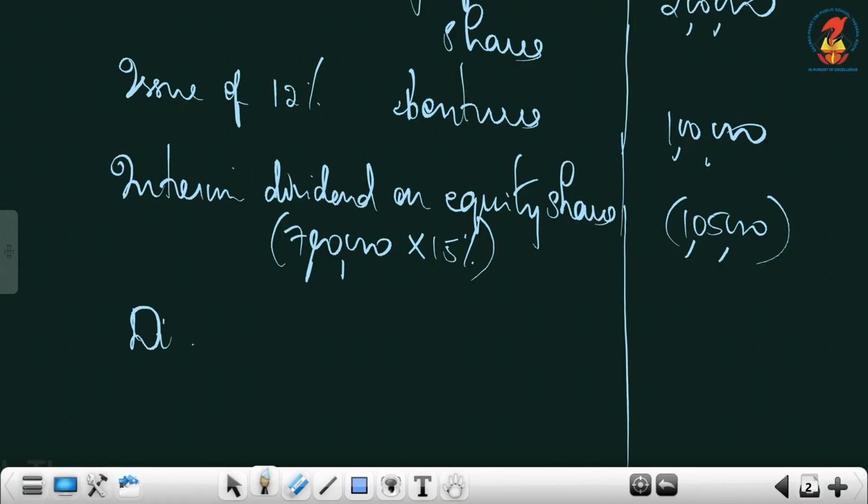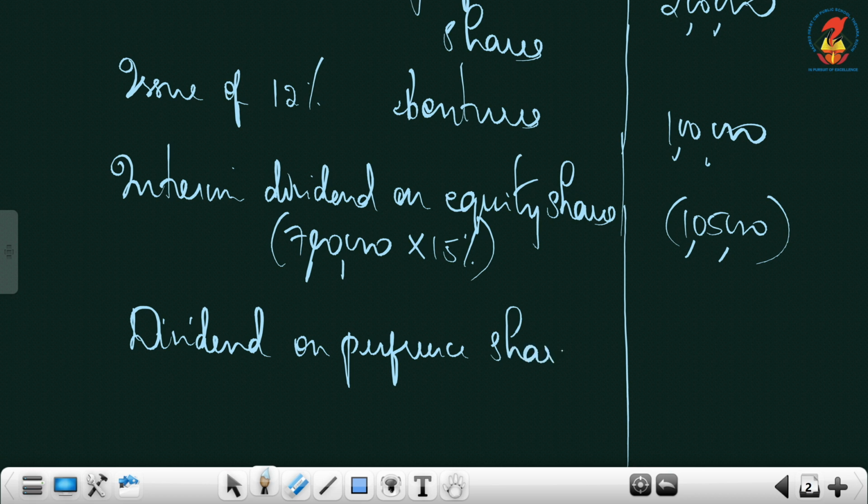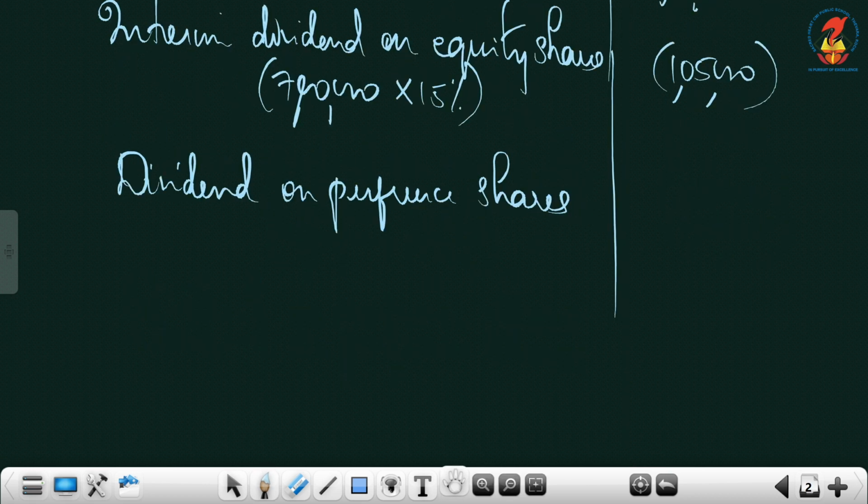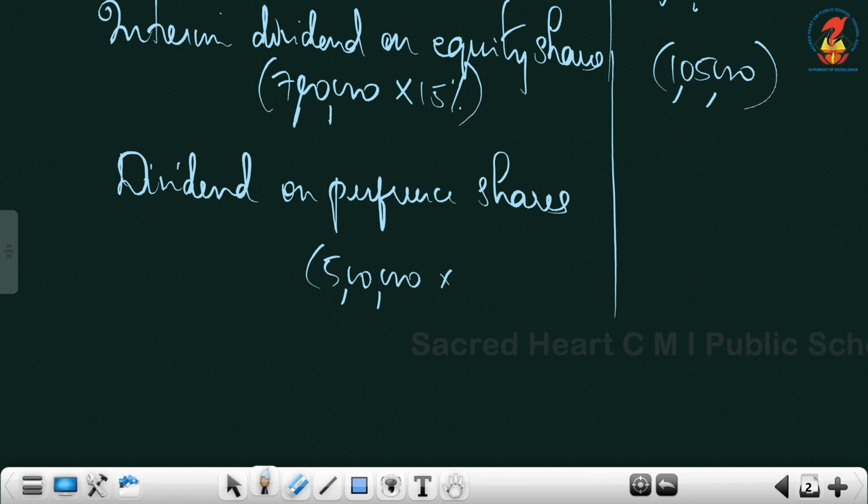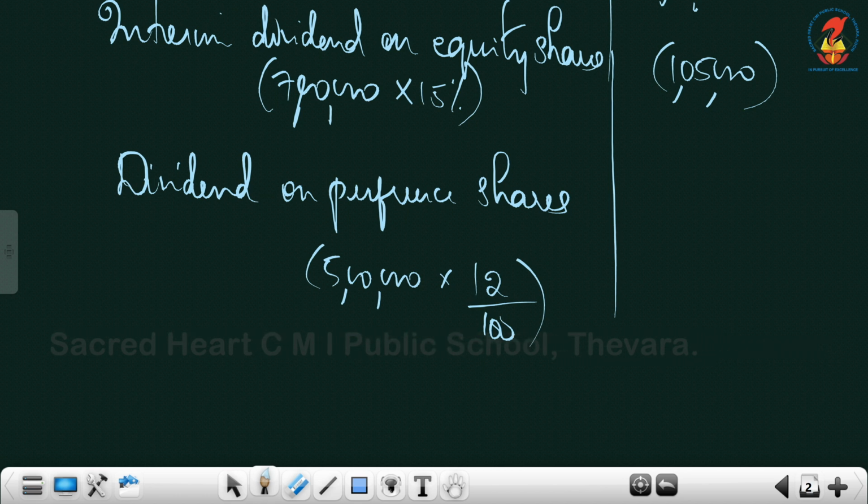So we will write dividend on preference shares. So that is 5 lakhs into 12%. 5 lakhs into 12%. So that is 60,000, which we have to pay. So write it as a negative item. Okay, that is minus 60,000.